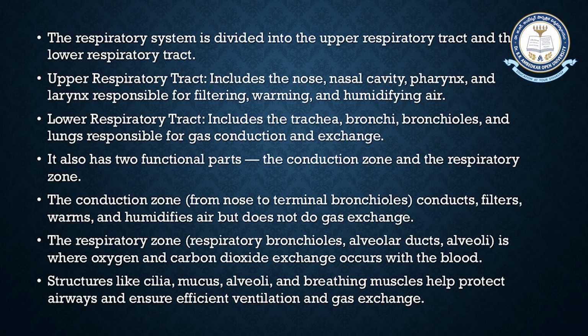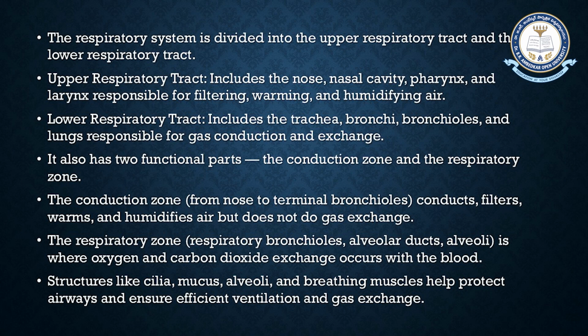There are two functional parts of the respiratory system, the conduction zone and the respiratory zone. The conduction zone is from the nose to the terminal bronchioles. It is responsible for conducting, filtering, warming and humidifying the air, but it does not exchange the gases.